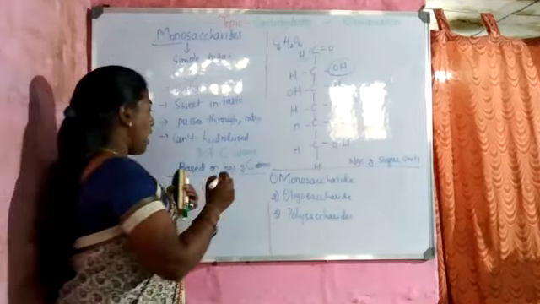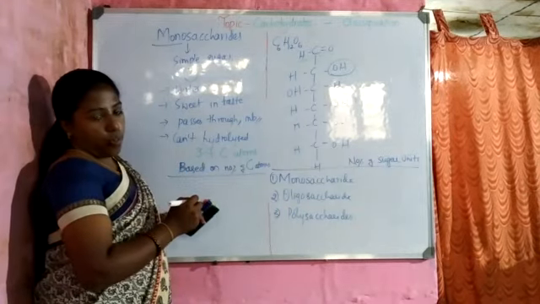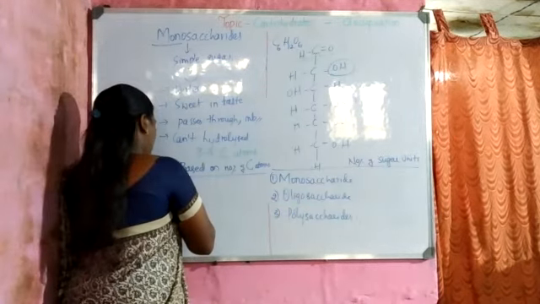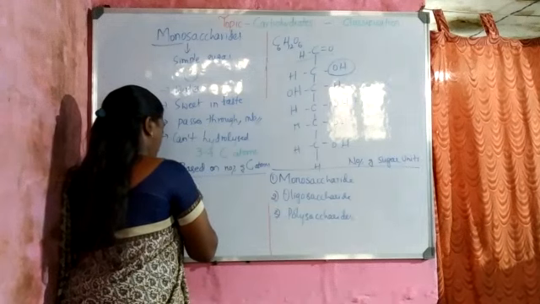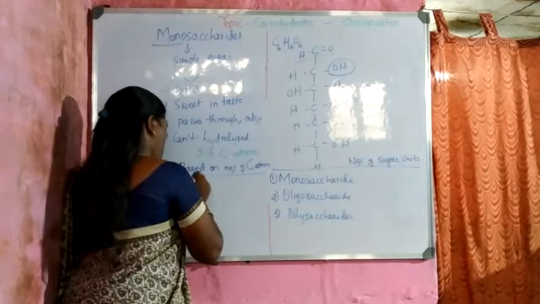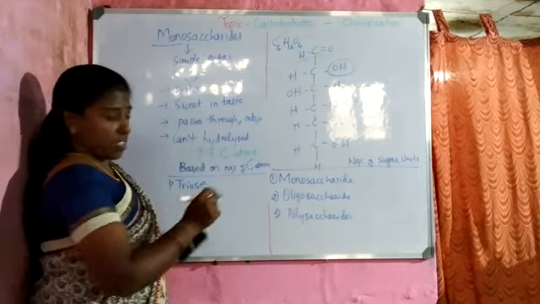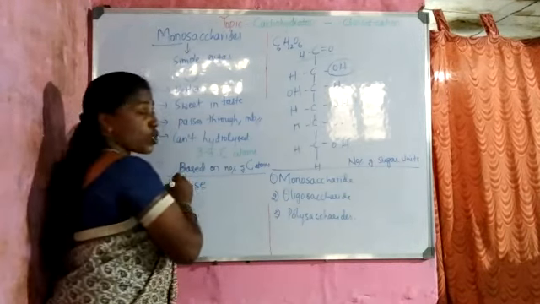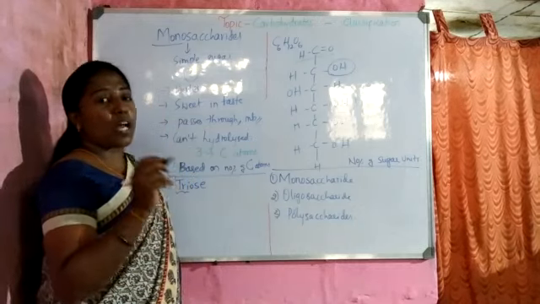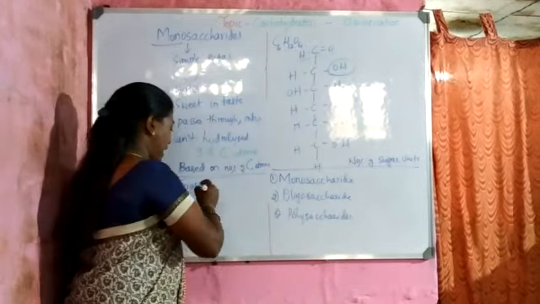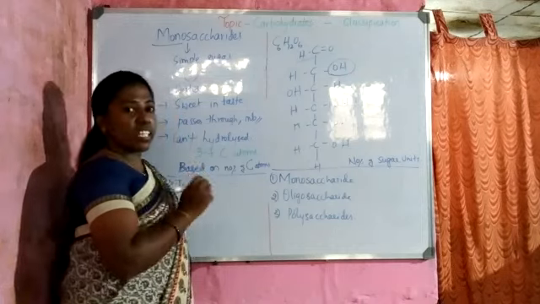The first monosaccharide is triose. As I told, in the word, the prefix represents the number of carbon atoms, and it will end with ose.